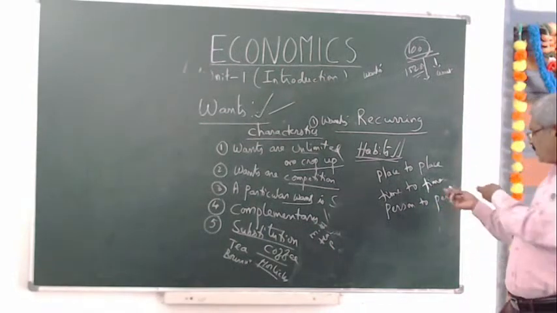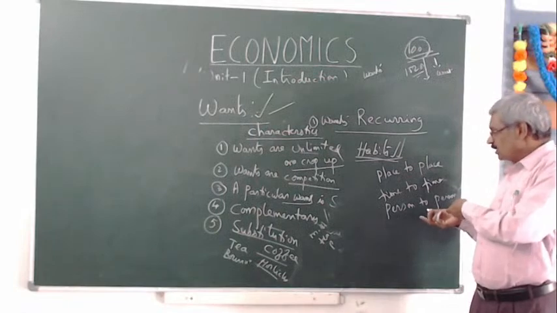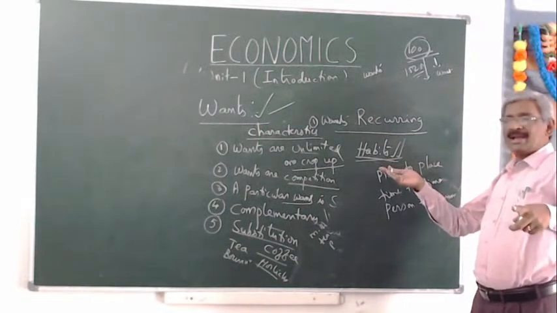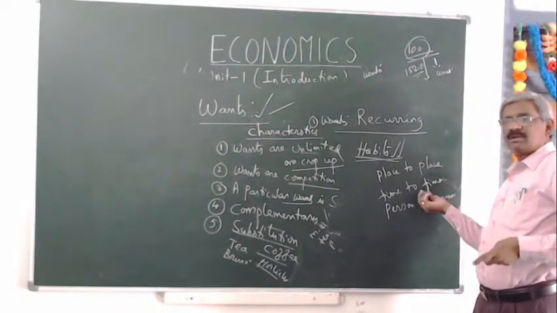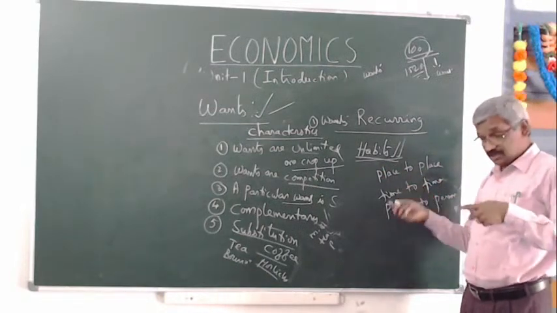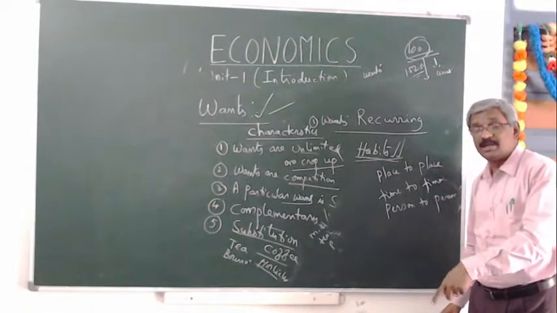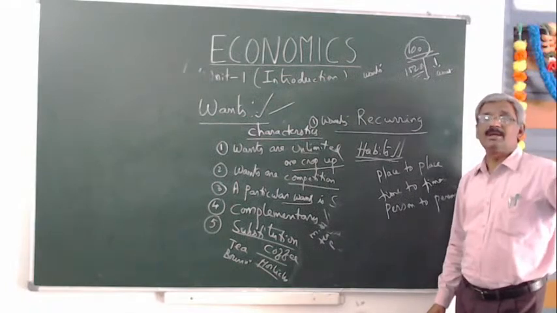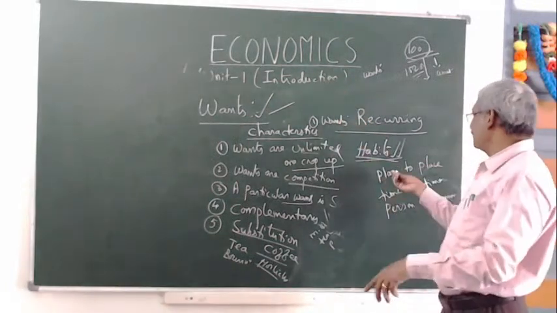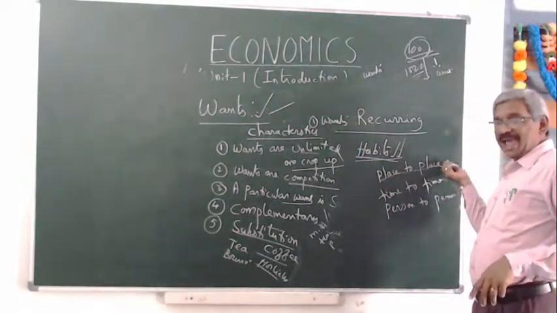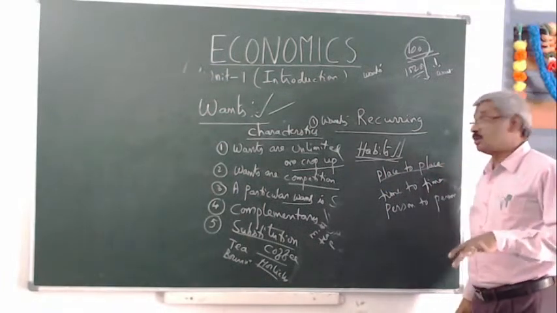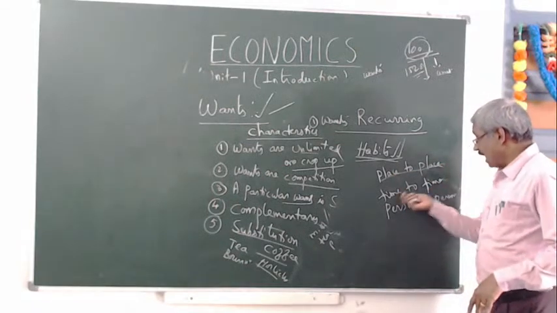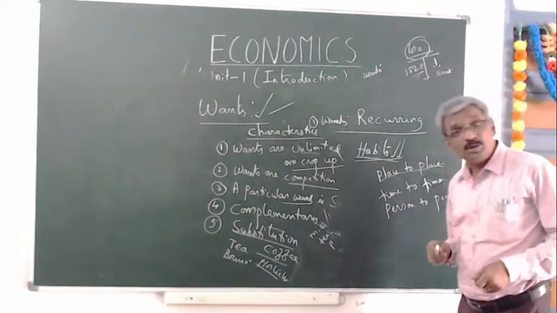My wants are different from another person's wants. At one time a want is one thing, and at another time it is different. In one place, the utility or want is not satisfied by the capacity of a commodity, and in another place sometimes it is utilized to the maximum level. So wants vary with place to place, time to time, and person to person.